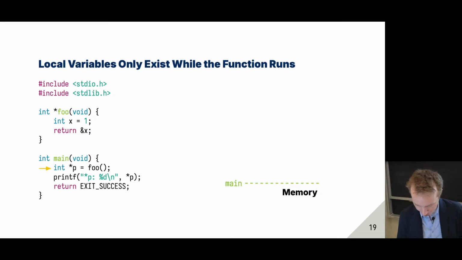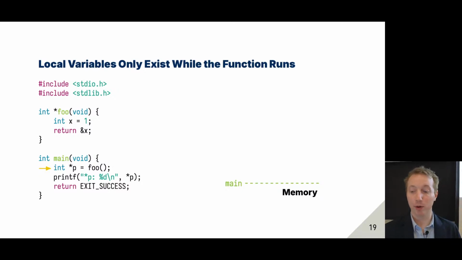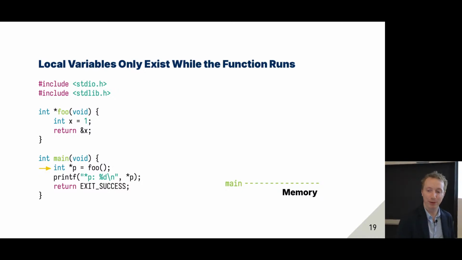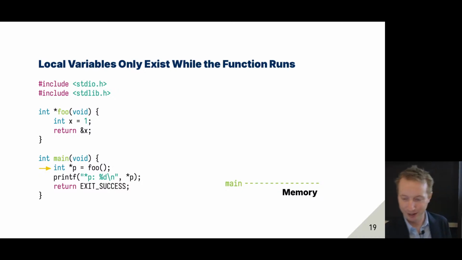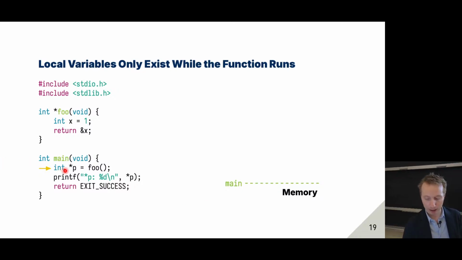All right. Another thing, to go back to scope and tie it together with memory. These local variables only exist when the function runs, and we can do some dumb things with these too. So here at our main, we declare a pointer called p. It's a pointer to an int, and then we call foo.